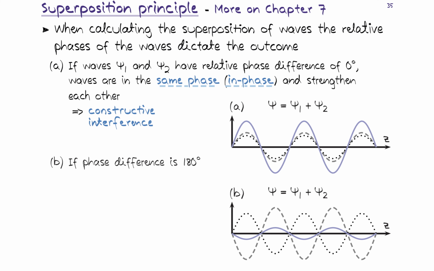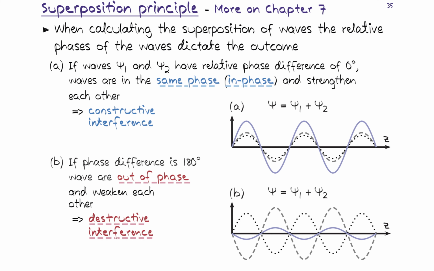And then if the phase difference is 180 degrees, we say that the waves are exactly out of phase. And then the waves get weakened, and we speak of destructive interference. And the resultant wave here, the solid lines in both of these figures, we see that the resultant figure is actually a wave that is smaller in amplitude than the individual wave components, because we have exactly opposite phases, as we can see in this case.